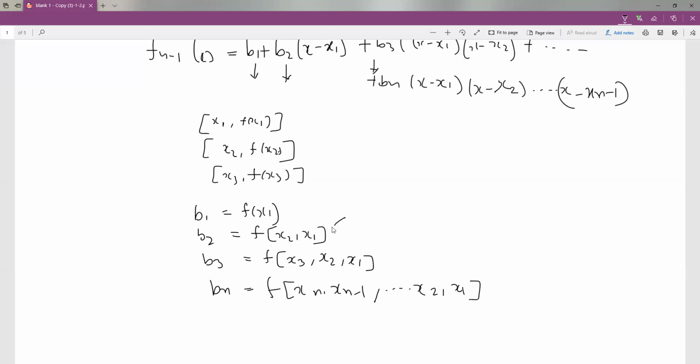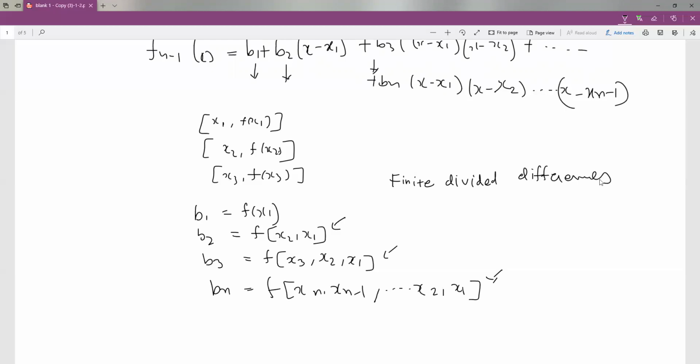These bracketed function evaluations are actually nothing but finite divided differences. This is a very important terminology: finite divided differences.